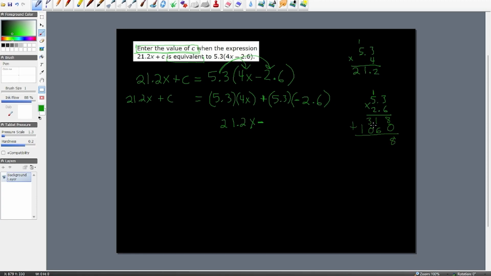Add them up. So we have a negative 13.78. And again, it was negative because there's a positive times a negative. And we'll rewrite the left side.